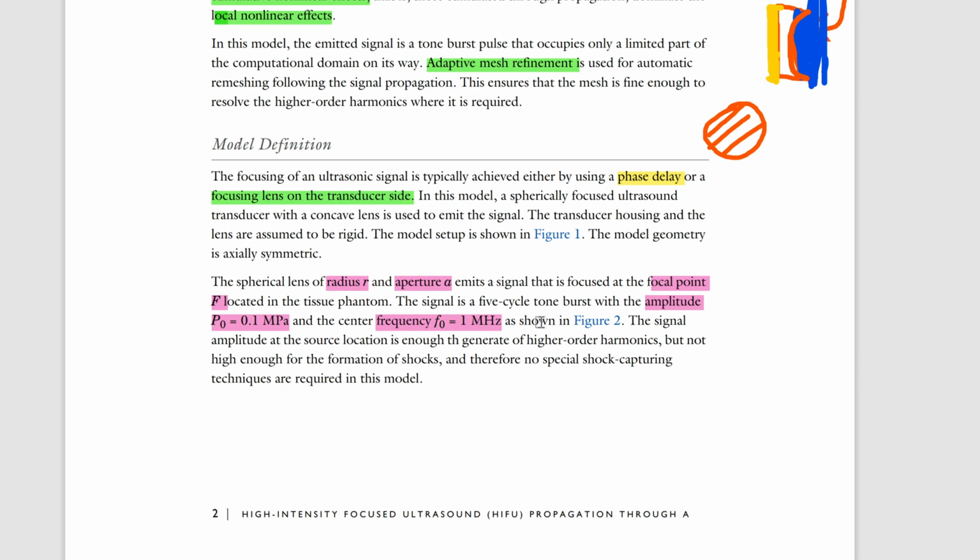Okay, before I look at figure 2, figure 2 was probably just a graph. I wonder why they call it the center frequency and not just the frequency. Because there will be some absorption by the tissue. So I'm going to assume this is the frequency of our burst amplitude.